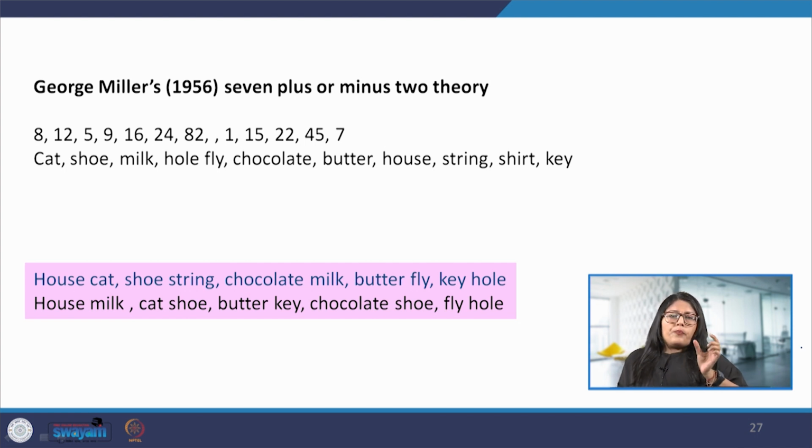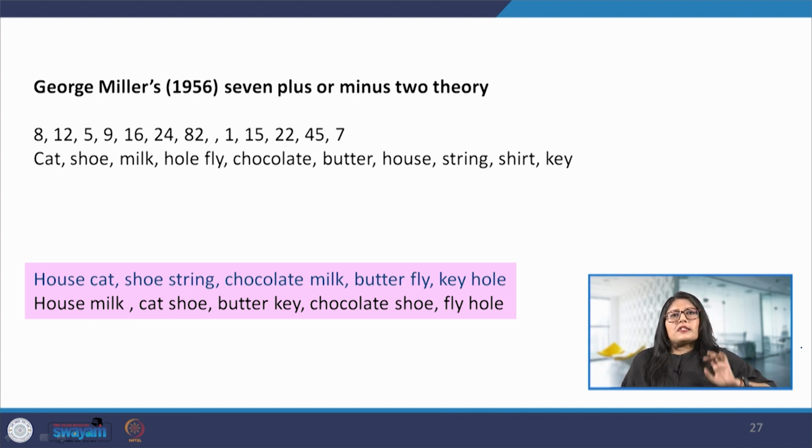Now these are two words which make a phrase, two word phrases. So house cat, shoestring, chocolate milk. Now they have been put together in such a way that they actually make sense, because we are familiar with chocolate milk, we are familiar with butterfly. So it's easy to remember these two word phrases as well.